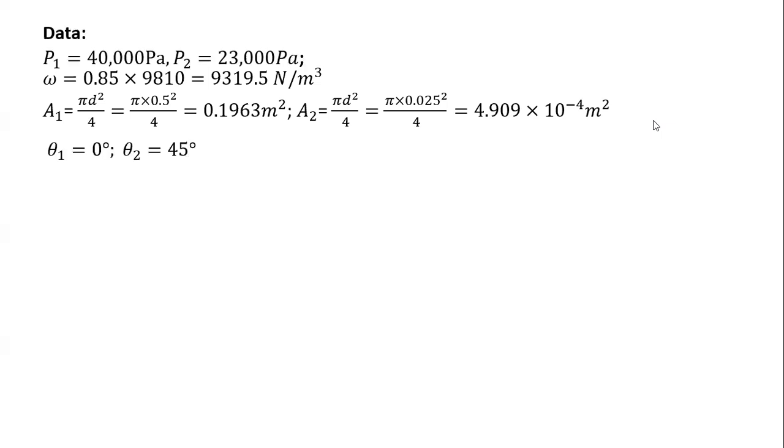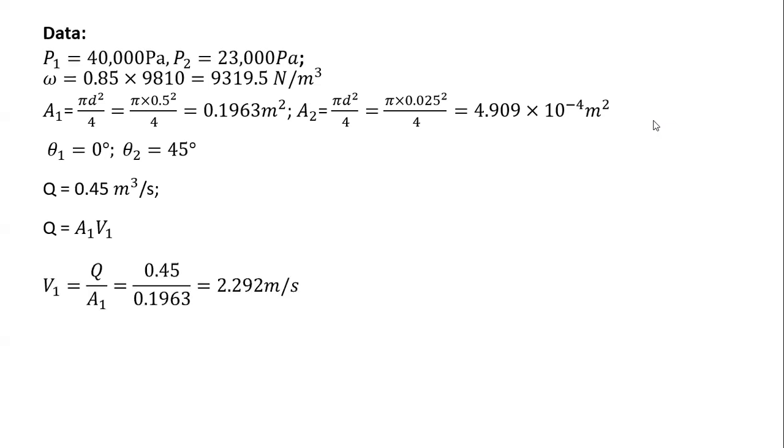That's our area 2. The angles, similar to what we had earlier, we're starting from 0 bending to 45 degrees. So theta 1, 0, theta 2, 45 degrees. The discharge has been given directly as 0.45 cubic meters per second. Then the formula, of course, is A1 V1, meaning that our V1 is simply discharge over area 1, which gives us 2.292.